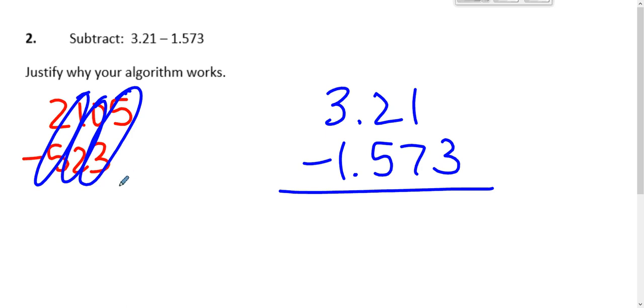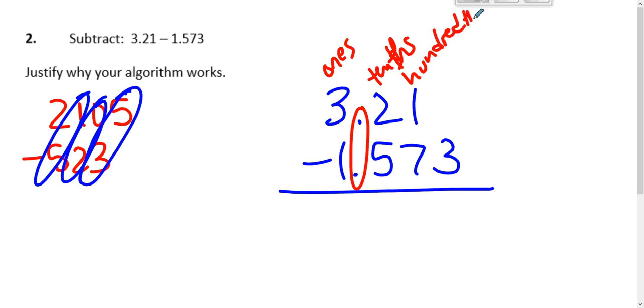Everything would have been right justified. Here, we don't right justify, we line up at the decimal point because that keeps our place values set, right? Ones, tens, tenths, hundredths, thousandths, right? Those are the places.